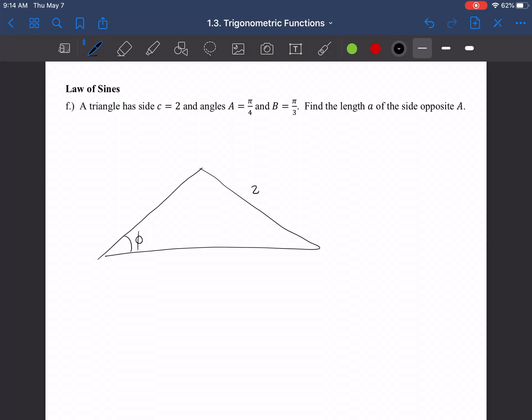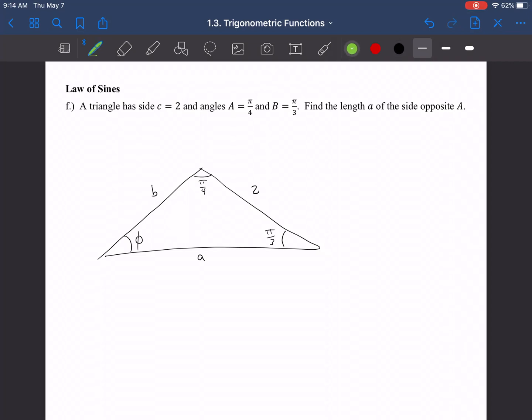It has an angle A right here. We'll make this pi over 4. And then this is going to be side A, and this will be angle B, which is pi over 3, and this will be side B. And so if this is the case, it says find the length A of the side opposite A.